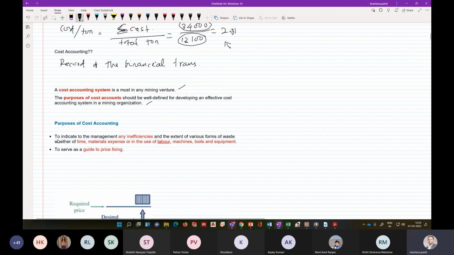Okay, and what are the purposes? First, to indicate to the management any inefficiency and its extent. So this is in addition to taking the decision whether you are going for the mine or not. If you are running the mine, we also need to do these steps.